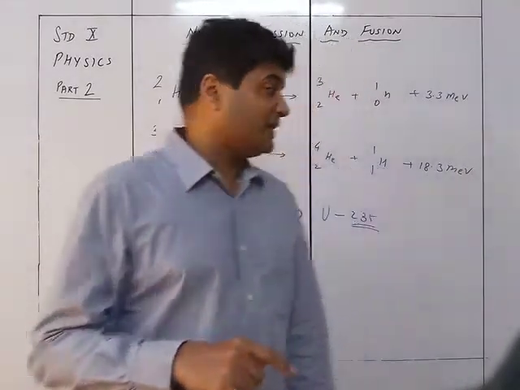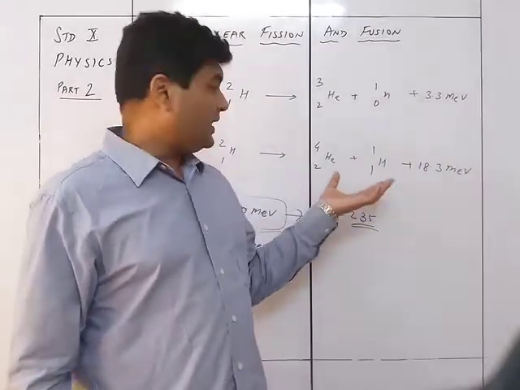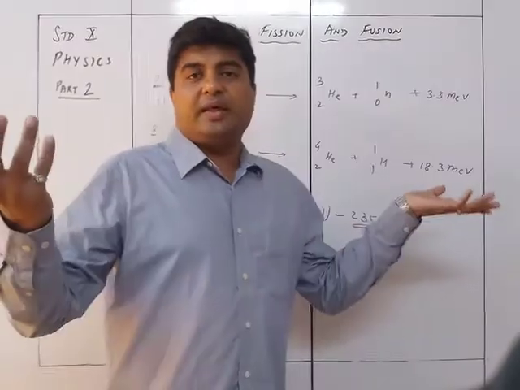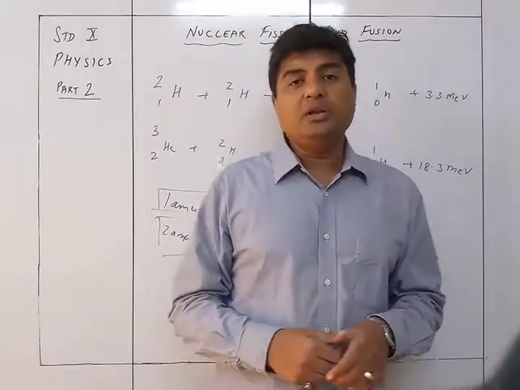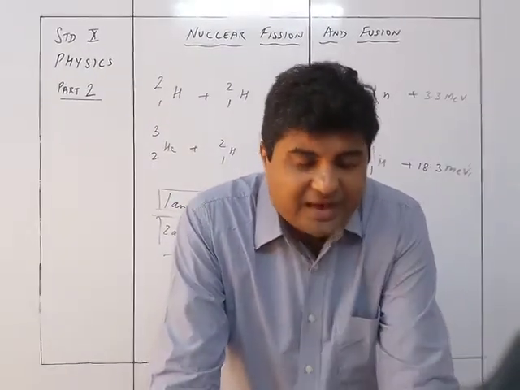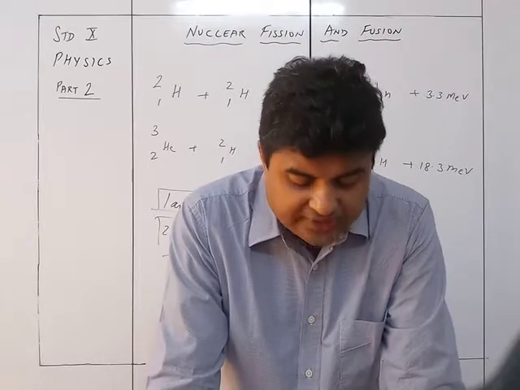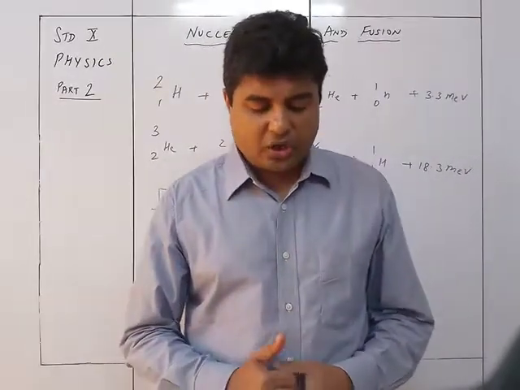Another advantage is that the end products of fusion are simple helium and hydrogen, which can be in the atmosphere without any problem. So it does not cause any harmful effects. So although it appears that the energy released in nuclear fusion is much less than that released in nuclear fission, indeed it is not so.